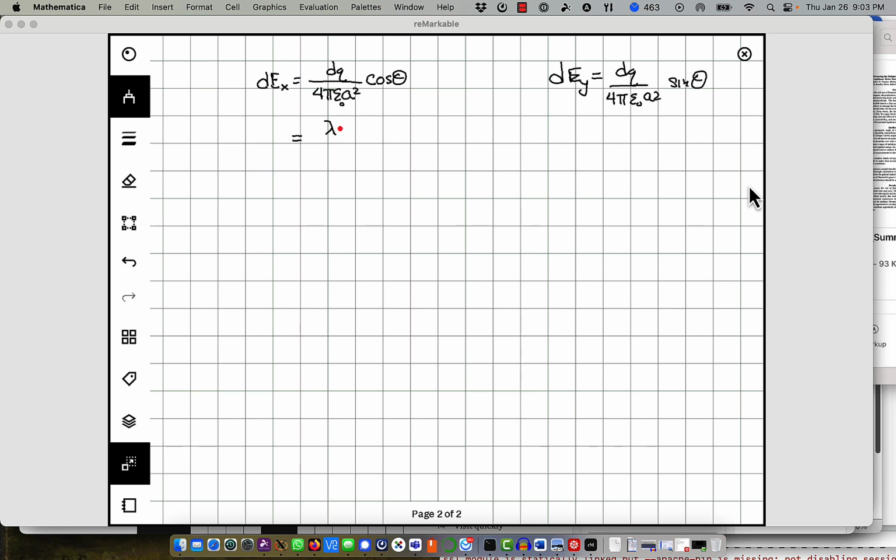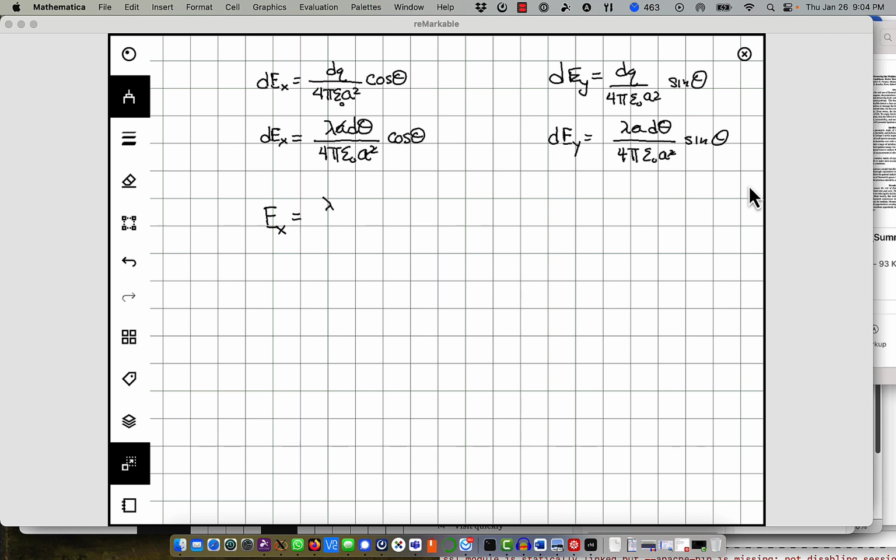Now let's put in lambda A d theta over 4 pi epsilon naught a squared cos theta, and dEy, we just rewrite that one. Well, let's fill it all in there. dEy, so lambda A d theta over 4 pi epsilon naught a squared sine theta, and then we can cancel out that a and that square on both of them, and it gets even simpler.